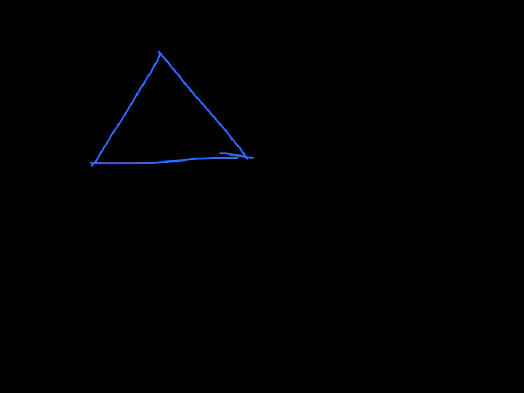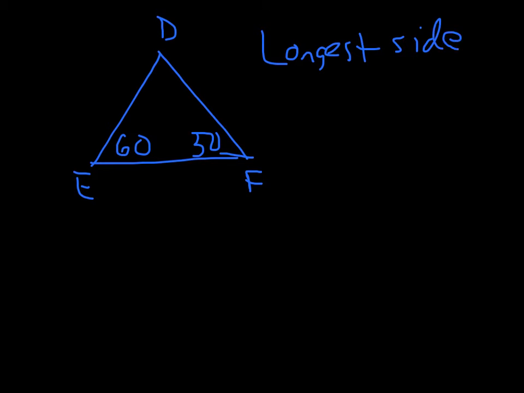So suppose I give you two angle measures, 60 and 50, in triangle DEF, and I ask you to find which is the longest side. Well, it seems reasonable to find the missing angle. Since the triangle has all three angles summed to 180, our missing angle is 70 degrees.